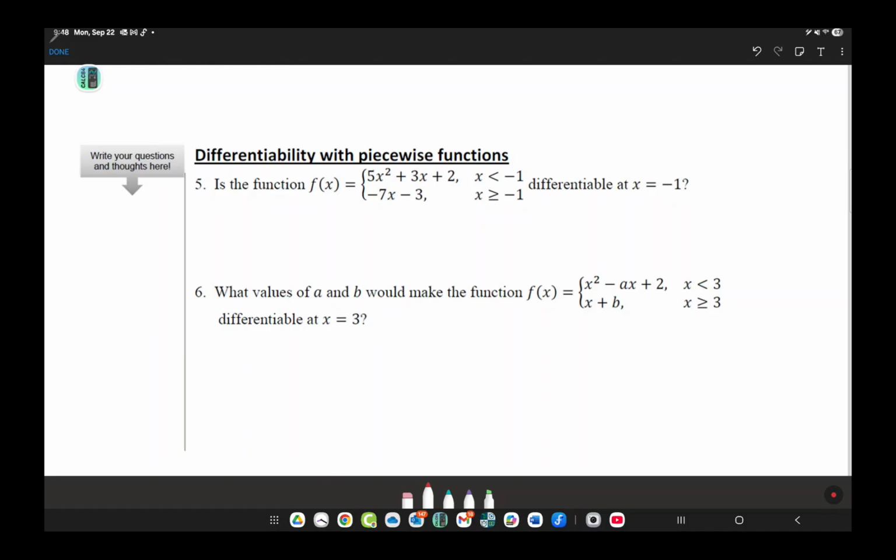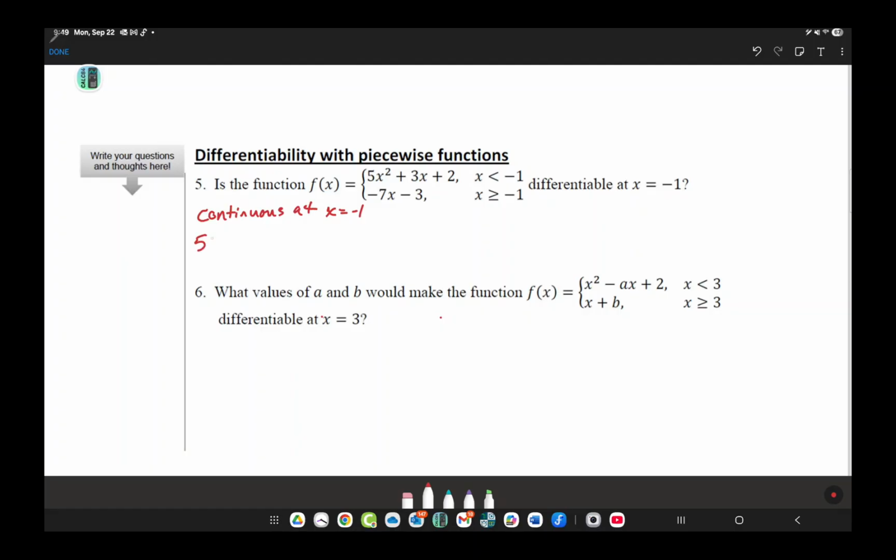All right. Now, when dealing with piecewise functions, in order to be differentiable, we must always check for continuity. If it is not continuous, we just say not differentiable and we're done. So, how do we know this is continuous? At -1, we plug it in.